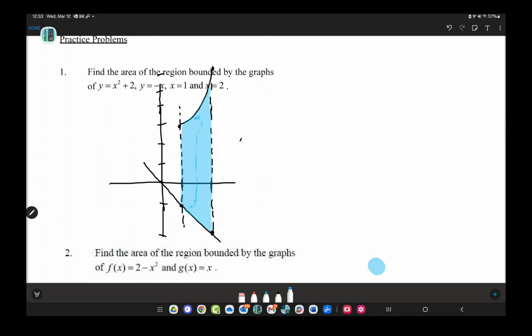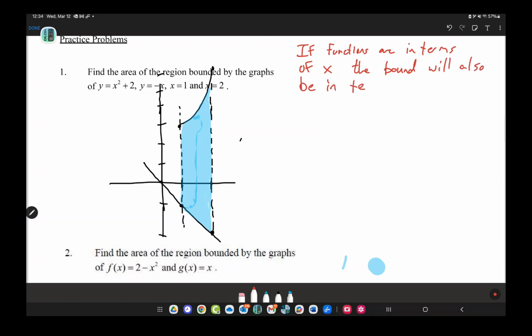So we want that area right there. Now the nice thing is, if we're leaving this in terms of x, and you make a note here, if the functions are in terms of x, the bounds should also be in terms of x.